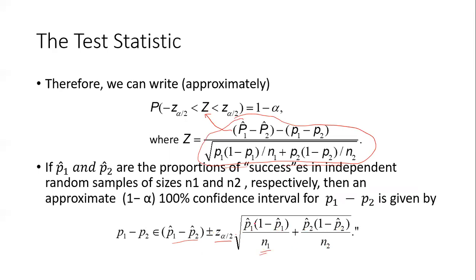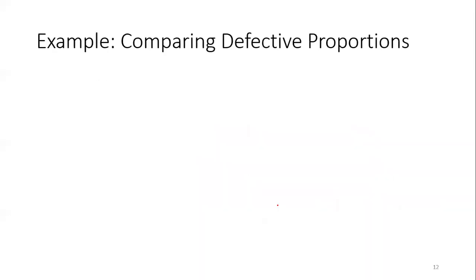Remember, in the original expression we have P1 and 1 minus P1, but just like the confidence intervals we did for the single proportion, we don't have the real values, so we plug in the estimates. So this confidence interval is an approximate confidence interval for the difference of two proportions.